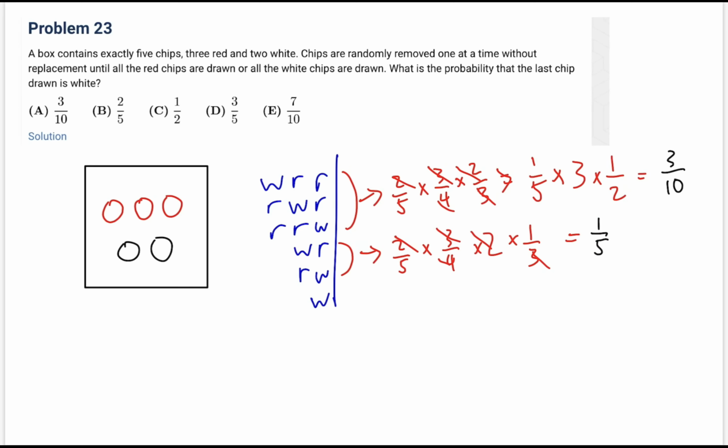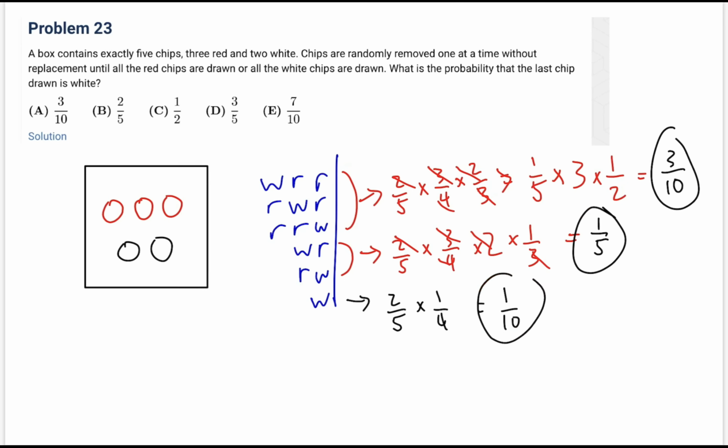And then this white one is just 2 over 5 times 1 over 4, so it's just 1 over 10. So 3 over 10, 1 over 5, 1 over 10. If we add these up together, then what do we get? 4 over 10, so it's 2 over 5, plus 1 over 5. This is in total 3 over 5, so it's D.